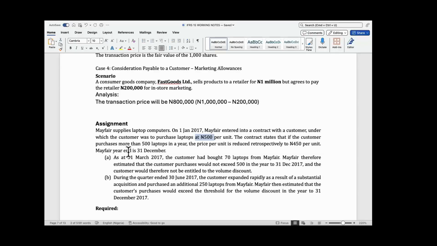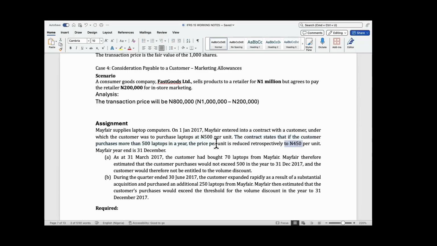The contract states that if the customer purchases more than 500 laptops in a year, the price per unit is reduced retrospectively to 450 naira per unit. This is the main thing.